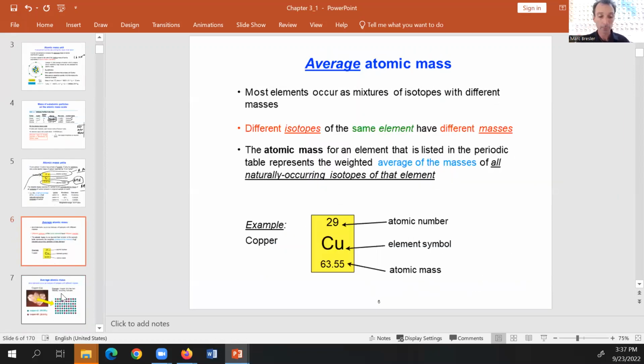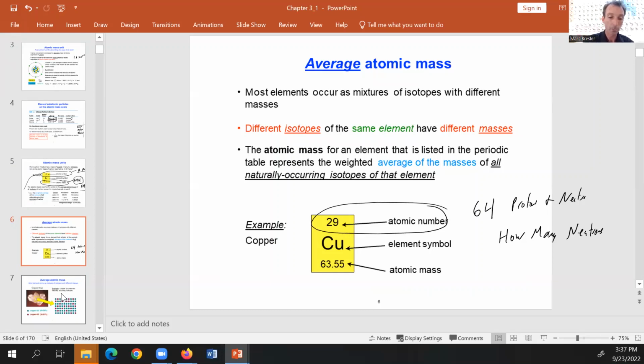So looking at copper, the atomic mass is approximately 63.55. So let's round that to 64. So that's proton and neutron. So how many neutrons are in here? Well, we know there's 29 protons from the atomic number.